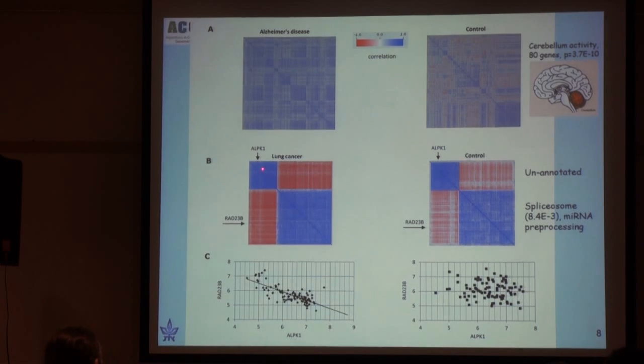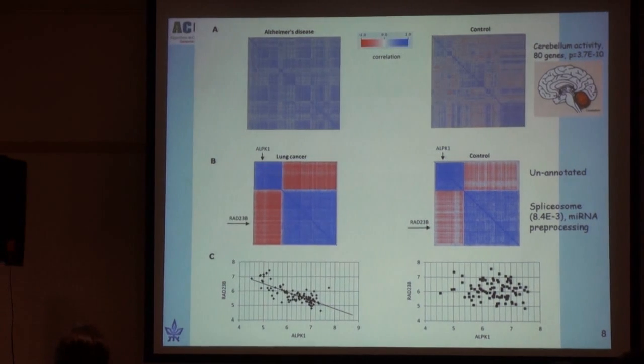And what you see here is that both in the cases and in the controls, the two sets within themselves are highly correlated. You see they are very blue. However, if you look at the interaction between the two sets, you see that it is negatively correlated much more in the patients than it is in the controls.